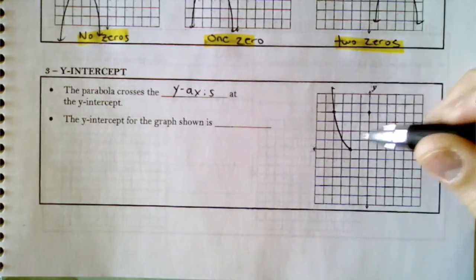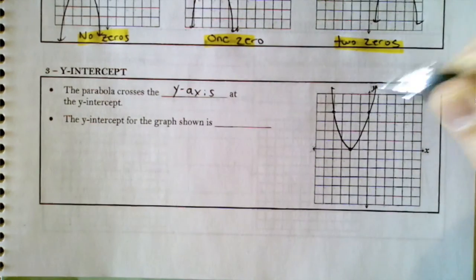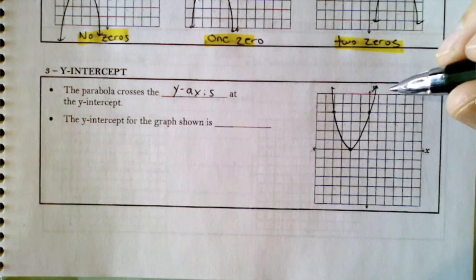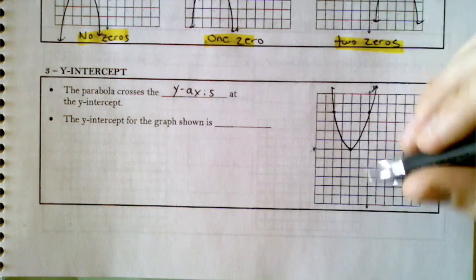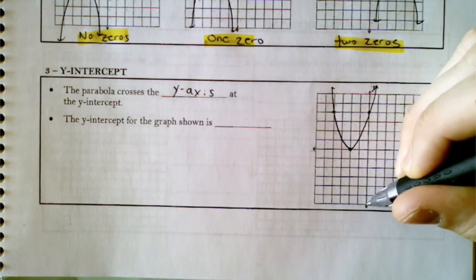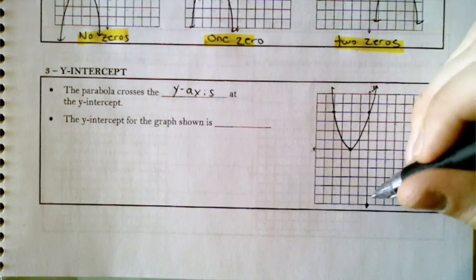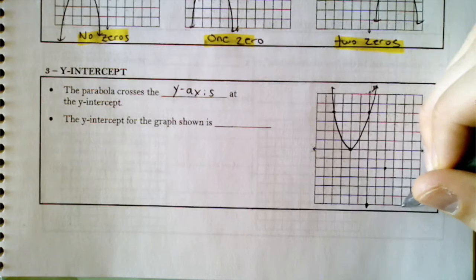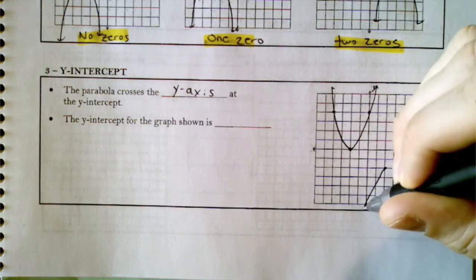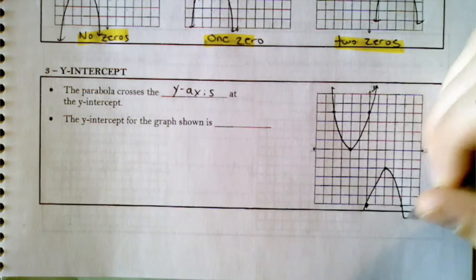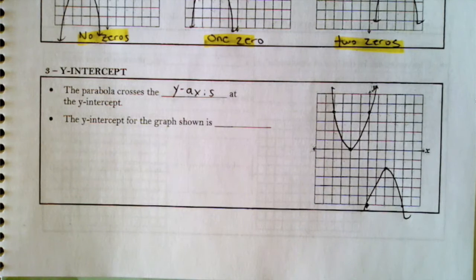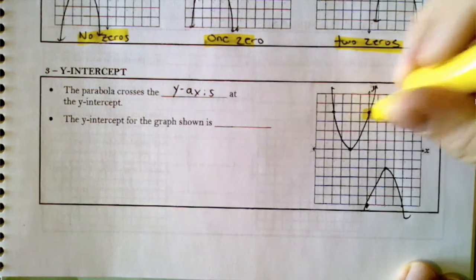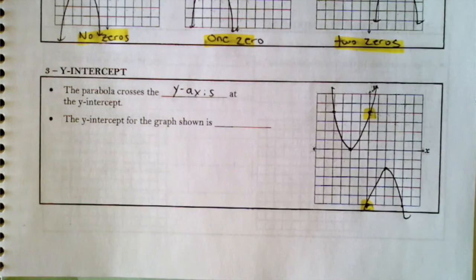There's one parabola. And let's have another one that crosses, oh, I don't know, right here at the bottom. Didn't really draw a very good curve there, but we've got a y-intercept here and a y-intercept here.